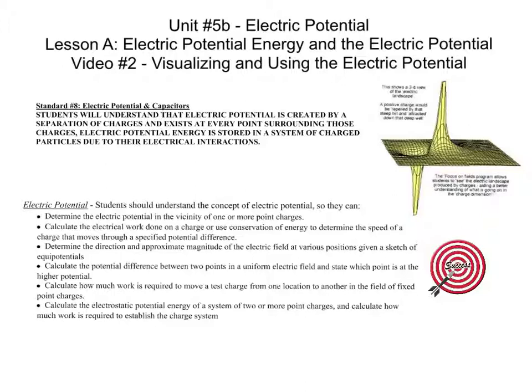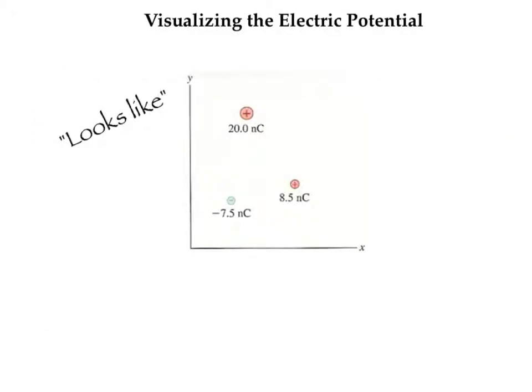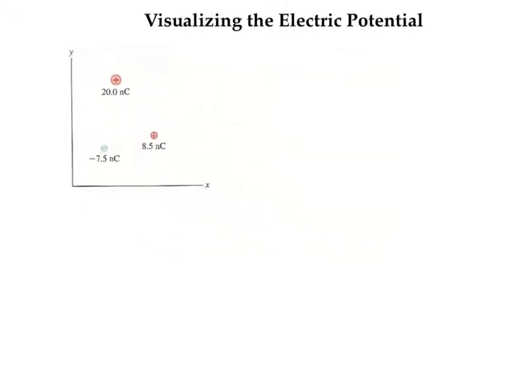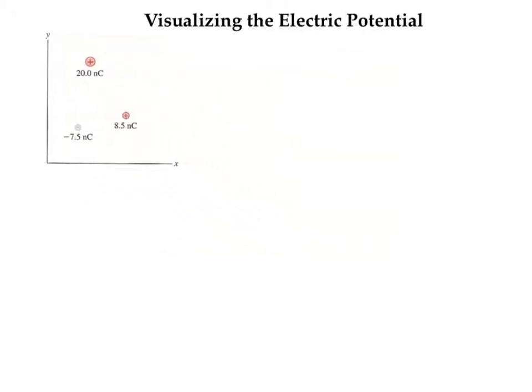So here we go. The electric potential exists everywhere in space around a set of source charges. So let's start by trying to understand what the potential looks like for the three source charges shown here. While we haven't yet found an expression for the electric potential due to these three charges, we can understand the general form of the potential simply by noting that two positive charges repel.